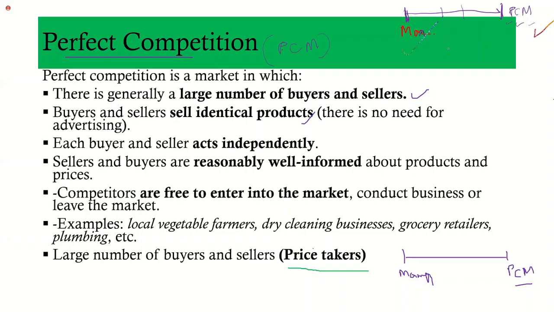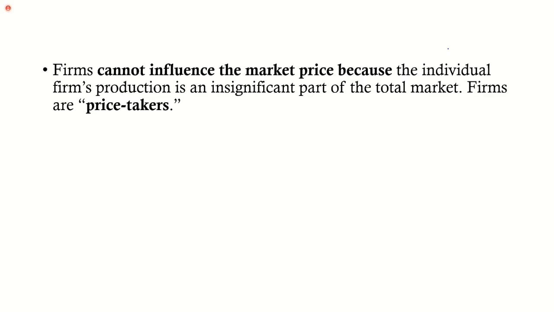Another characteristic in this type of market is that all the sellers are price takers. Now let's take the paddy industry with lots of paddy sellers, and they are all price takers. What do we mean by that?